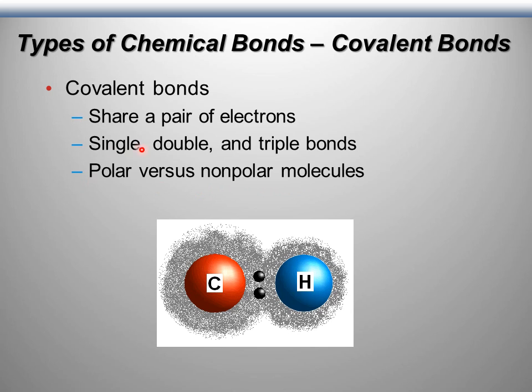It can share 1 pair of electrons in a single bond, 2 pairs of electrons, so a total of 4 electrons, in a double bond, or even 6 electrons, 3 pairs, in triple bonds. And like I said, if there is different electronegativity between the atoms which are sharing the electron, that electron will spend more time over here, and this would be polar, because this is going to be a little more positive on this end, and this is going to be a little more negative on this end.